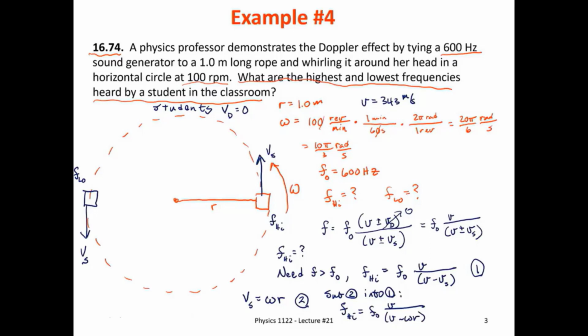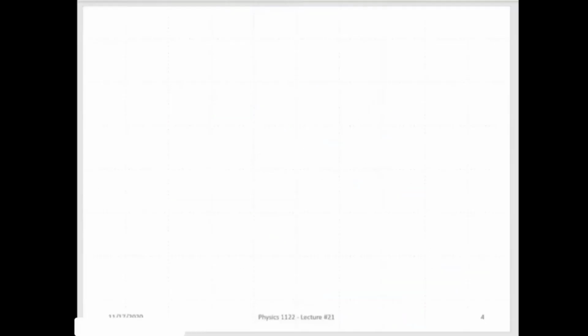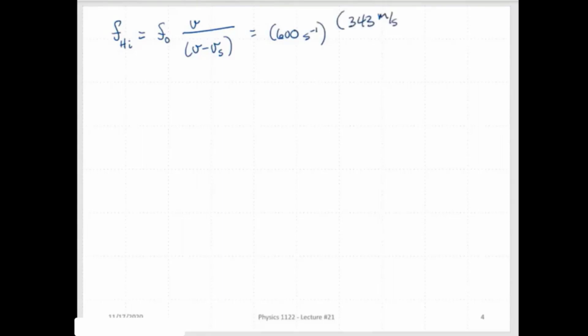So we've got the numbers that we need to plug into that. And so we have f high is equal to f naught v over v minus v s, with f naught equal to 600 hertz, or 600 inverse seconds, times v, the speed of sound, which is 343 meters per second, divided by 343 meters per second minus the speed of the source, which was omega R. And omega was 10 pi over 3 radians per second times r, which is 1 meter.